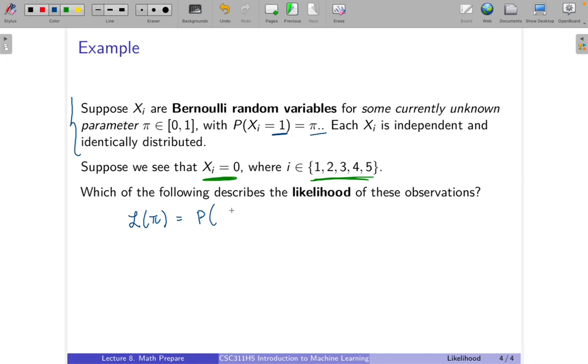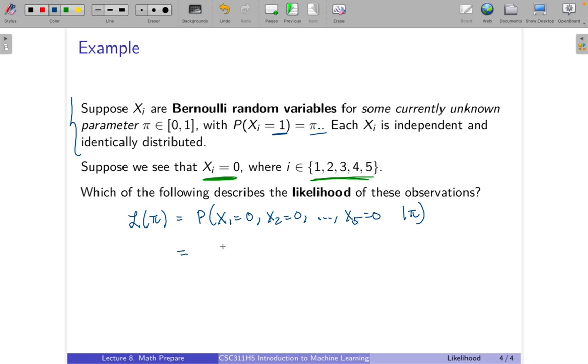Well, my likelihood, that's just going to be the probability that I observe these 0 values 5 times. I will write down the given pi here, and I can decompose this, right?